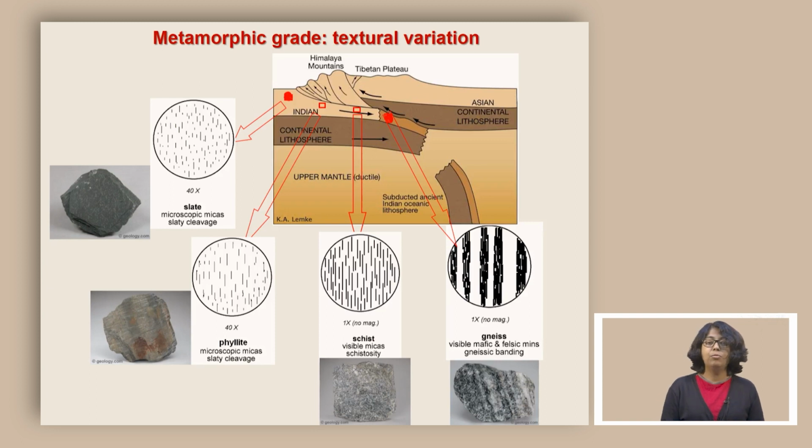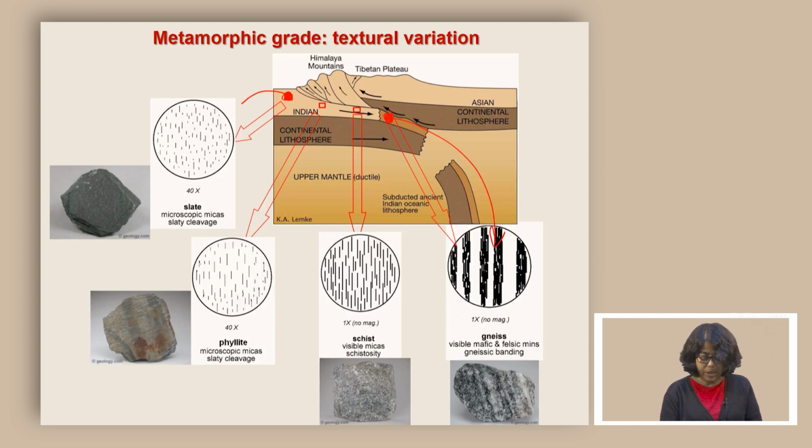As a result, we are going to see a textural variation if we look at rocks collected from here versus rocks collected from here. The rocks collected from this shallower region, we will probably encounter slates.